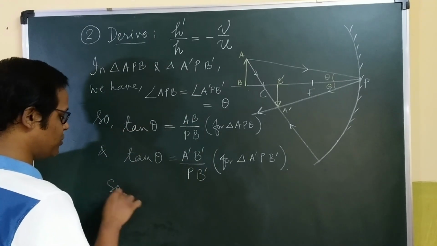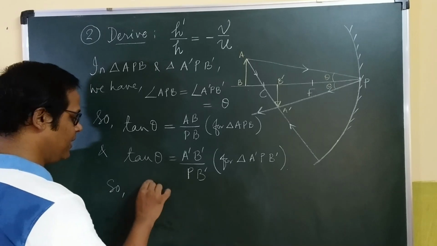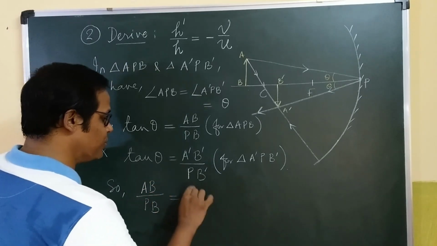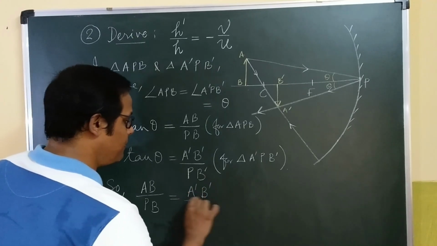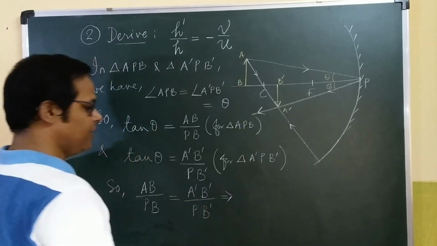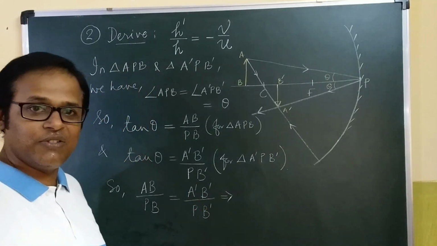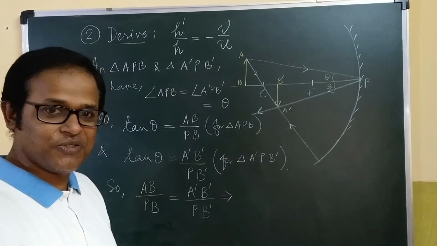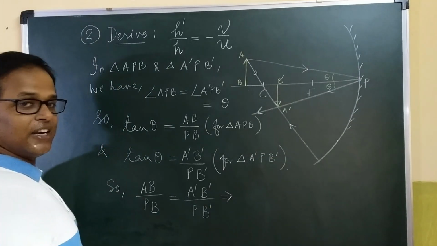So coming from these two equations, we have AB by PB should be equal to A prime B prime by PB prime. My dear students, here begins the journey of using the sign conventions which I have been discussing, which I just discussed in my previous video also. So let us write down what we know.